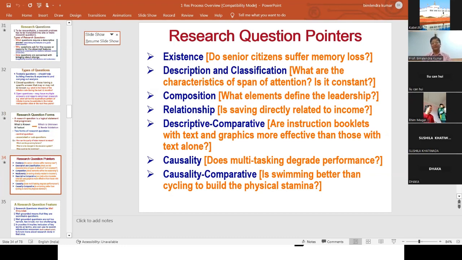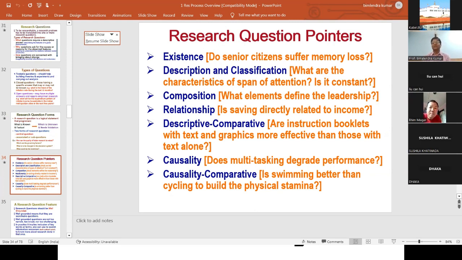If you go through the philosophical interpretations of those research problems, then the questions are related to existence, description and classification, composition, relationship, descriptive comparative, causality, and causality comparative.